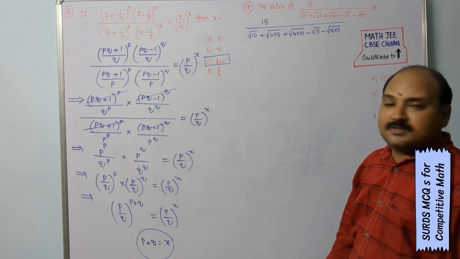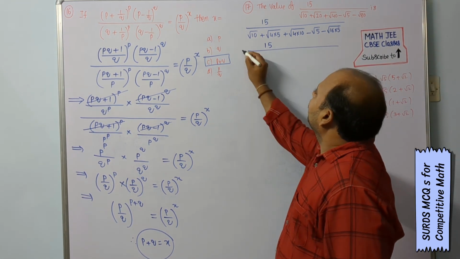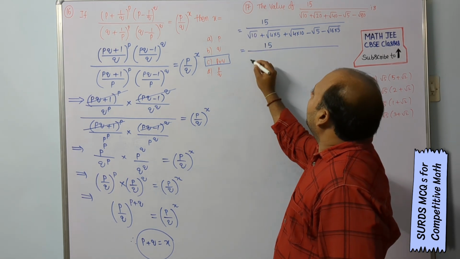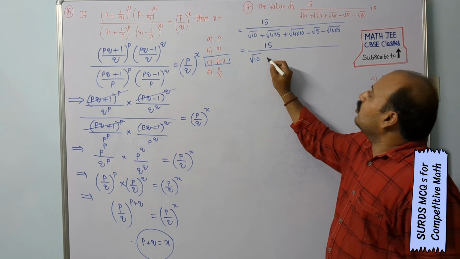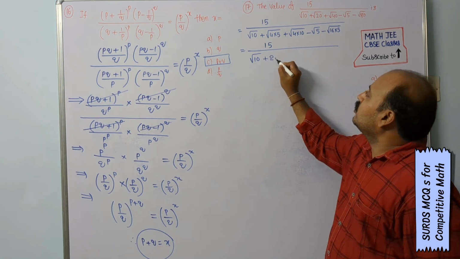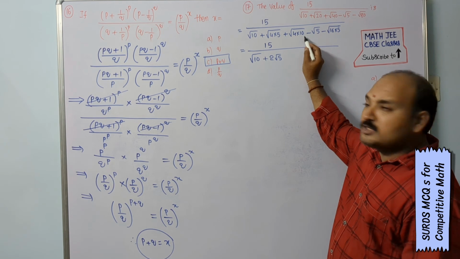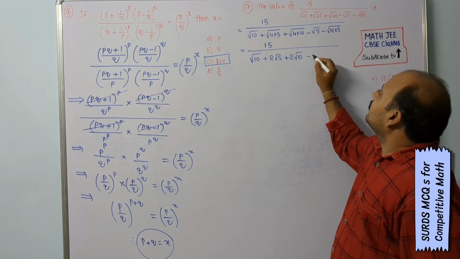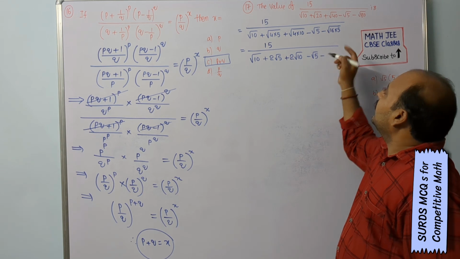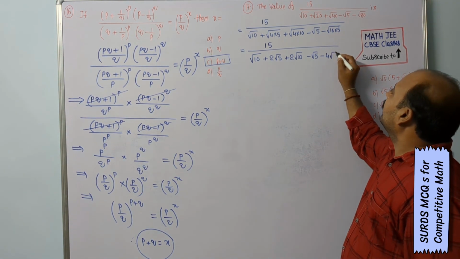Am I right, dear students? So 15 divided by root 10, root 4 into root 5. So root 4 can be written as 2 into root 5. Here also root 4 into root 10. So root 4 means 2, 2 root 10. Next minus root 5 minus root 16 into root 5. Root 16 is 4, 4 root 5.